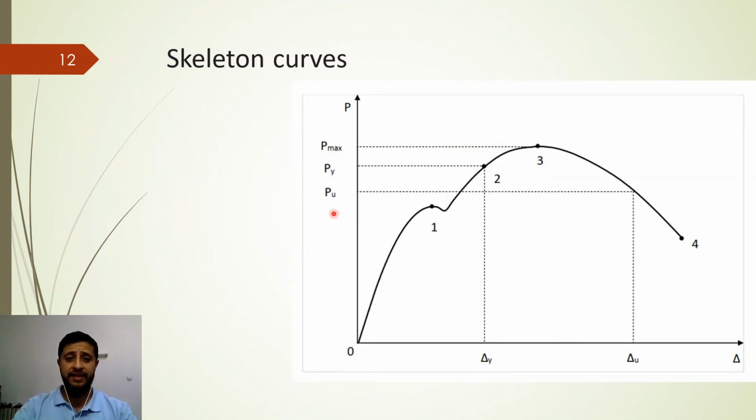It can be seen that the skeleton curve consists of 4 different stages. First, the cover spalling stage. When the curve reaches point 1, the concrete cover is spalling and no yielding occurs in the steel section in this stage. Second, the elastic stage, from point 0 to point 2. In this stage, the load displacement curve shows nonlinear behavior and the steel section is in the elastic phase. As displacement increases, the steel section yields at point 2.